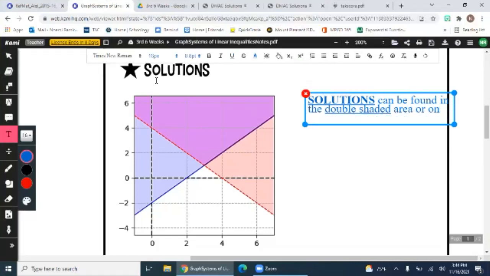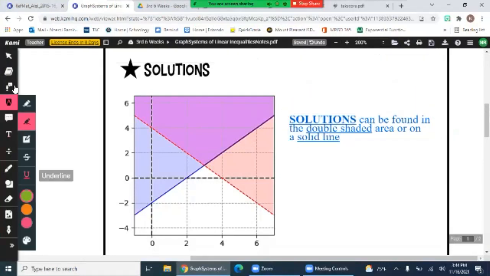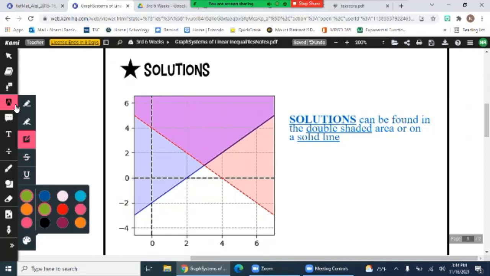This is what we already learned. Remember, if you have a point and it doesn't fall within the solid line, it's not a solution. Very, very important. It has to be in the double shaded area this time or on a solid line.